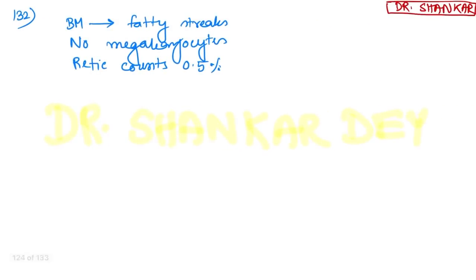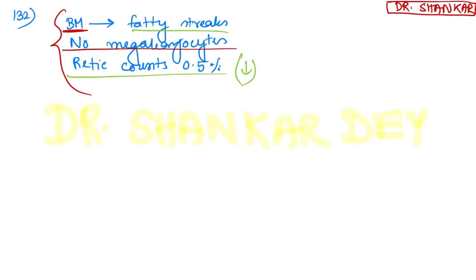Next question was also a very long clinical question, but I remember there was fatty streak on the bone marrow, there were no megakaryocytes, and reticulocyte count was very low, and the patient had petechiae or gum bleeding, some bleeding episode history. Options were weakness, petechiae, gum bleeding.